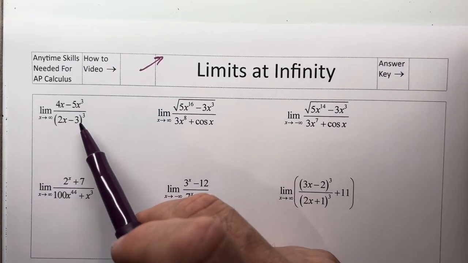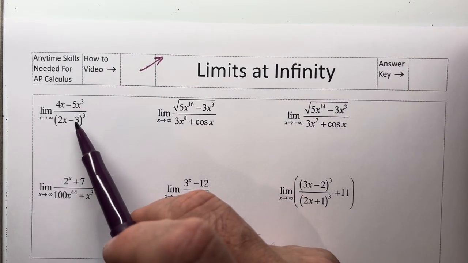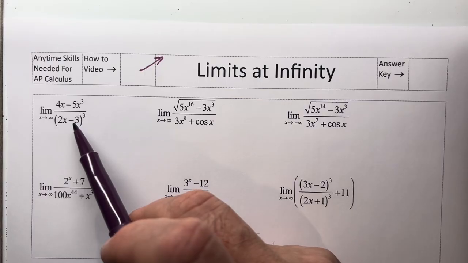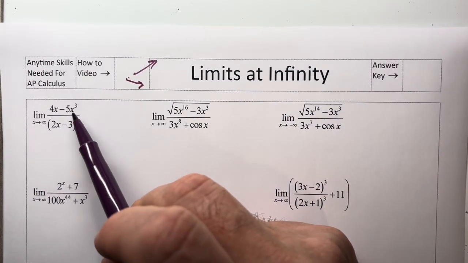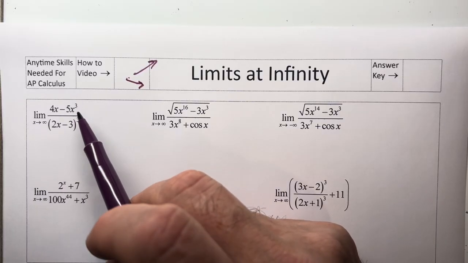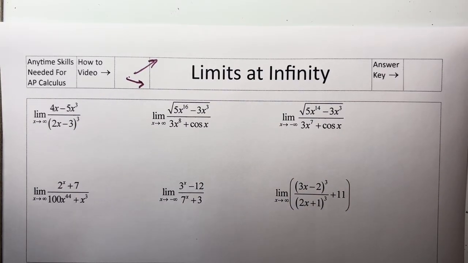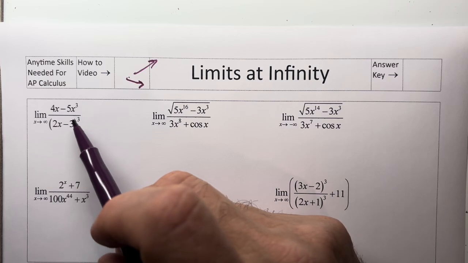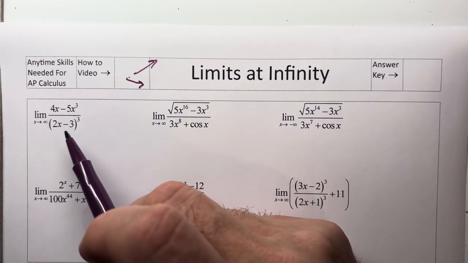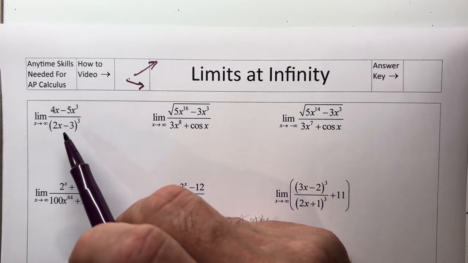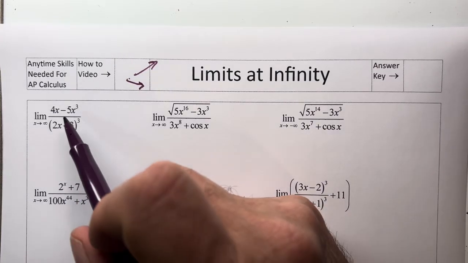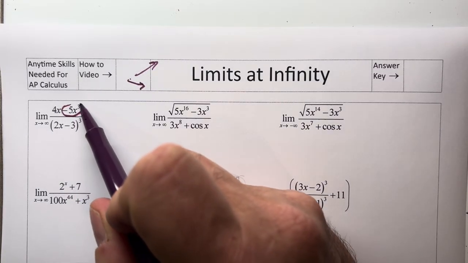If the bottom dominates, if the bottom function is growing faster than the top, then it's going to go to 0, because eventually you'll have a small number over a very large number. But if the degrees are the same, then we really want to compare the leading terms, and we'll get our answer from that.